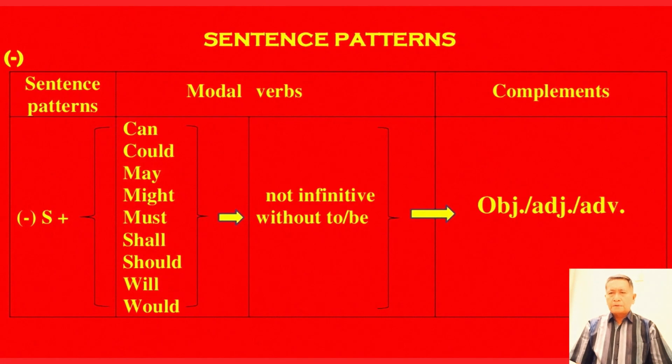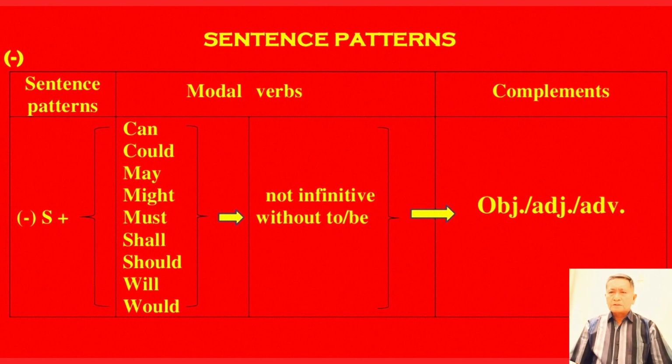Sentence patterns in a negative form: subject plus modal can, could, may, might, must, shall, should, will, or would, plus not, plus infinitive without to or be, plus complements, objects, adjective, or adverb.